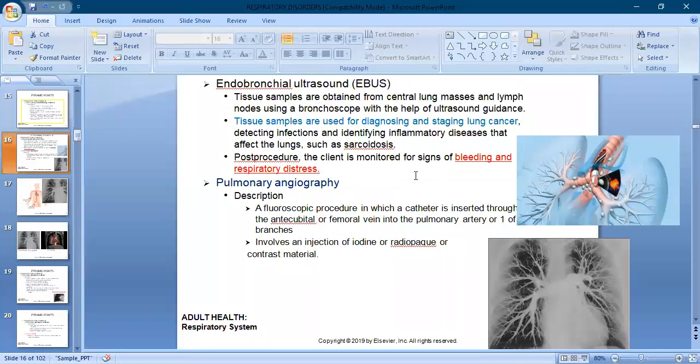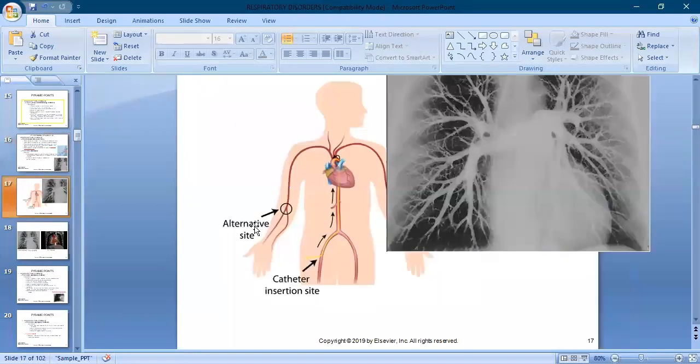Now go for pulmonary angiography. It is a fluoroscopic procedure in which a catheter is inserted through the antecubital or femoral vein into the pulmonary artery. So in this picture showing, this is the antecubital or femoral artery.